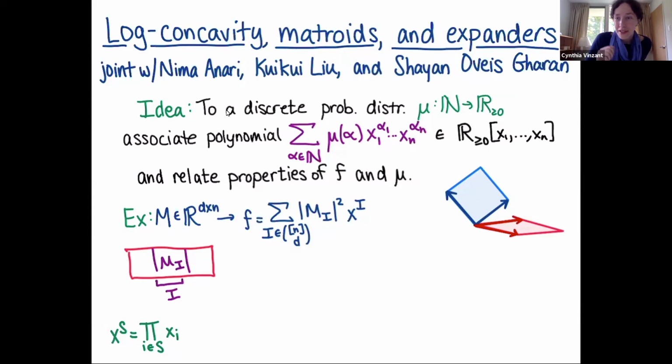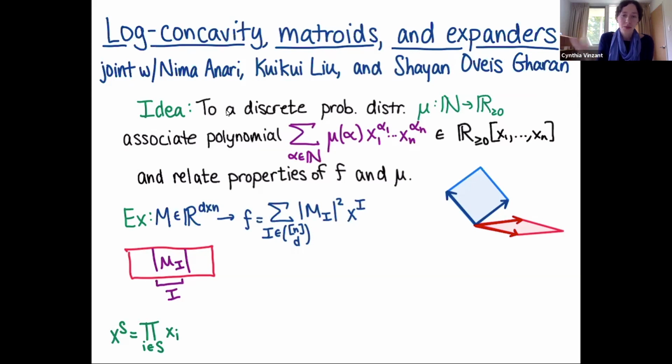And the bigger this determinant is, the more likely I am to pick that subset. And so in some sense, this distribution will favor collections of vectors that are well spread out.